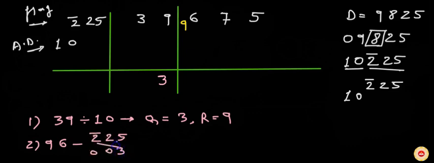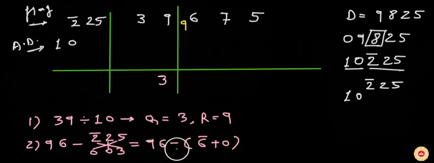Calculate the cross product. 96 minus 3 multiplied by -2, that is -6, plus 0 and 0. So let me write 0 here. Okay. So 96 minus -6, that means 96 plus 6. 96 plus 6 is equal to 102.